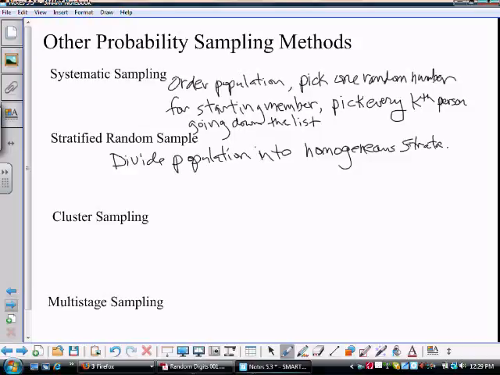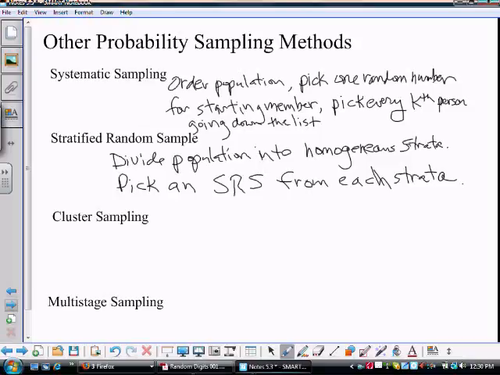There might be 4 strata where there is something alike in each of those groups. Or your strata may be males and females. Or your strata may be cultural groups or whatever. Okay? So I'm dividing the population into these homogeneous strata, and then you pick an SRS from each strata. Okay?